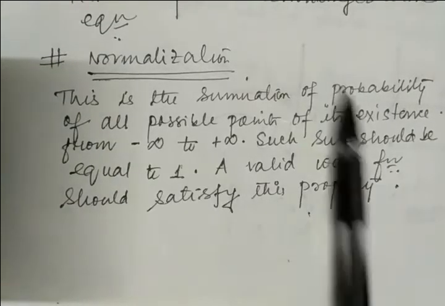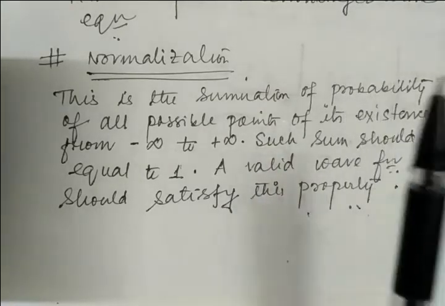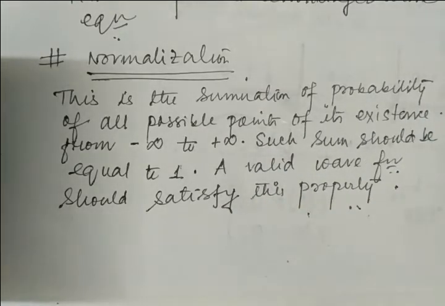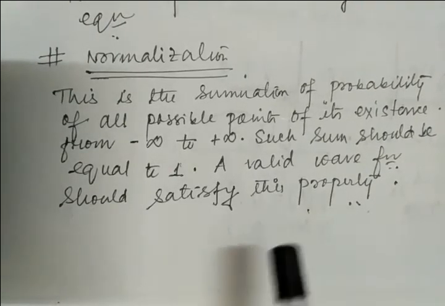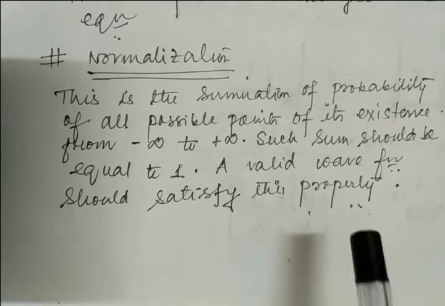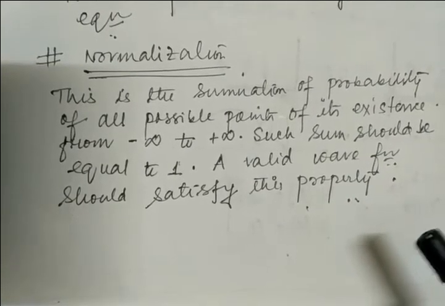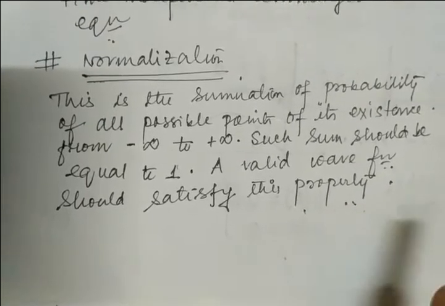So to understand this concept, we need the concept of probability, and the maximum probability is 1. We all know that. And whose probabilistic distribution will be considered? Nothing but the wave function. So the square value of the wave function should be equal to 1.